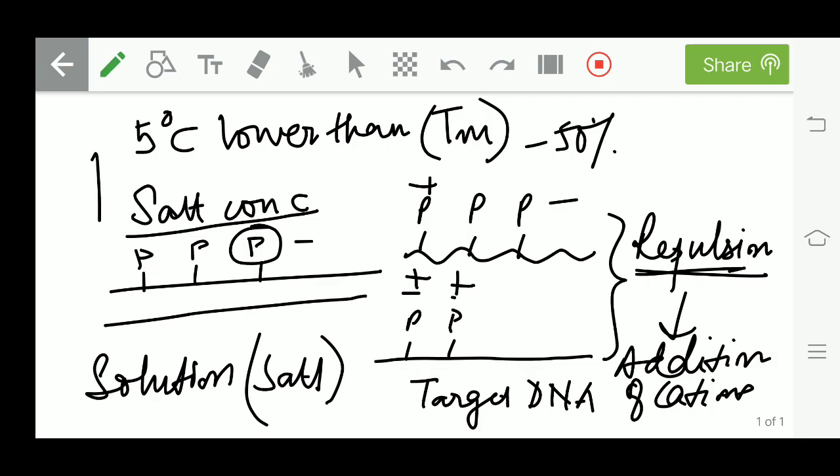But when your salt concentration is low, this masking effect will not occur. That means the negative charge and the repulsion will persist, and as a result, more mismatch can be removed. Lowering salt concentration promotes denaturation by removing the cations that shield the negative charge on the two strands from each other.